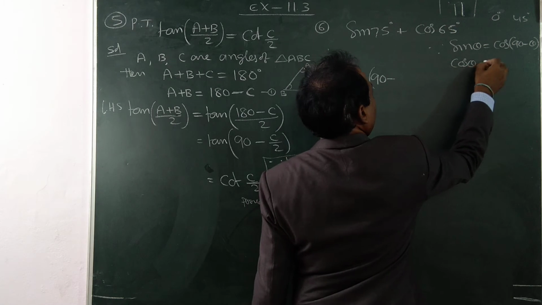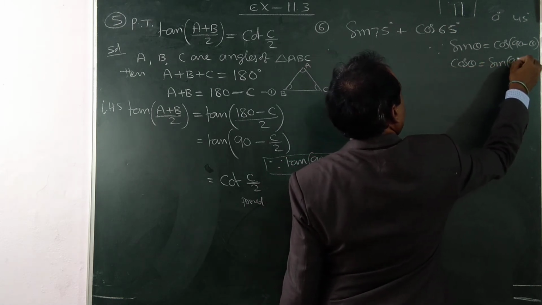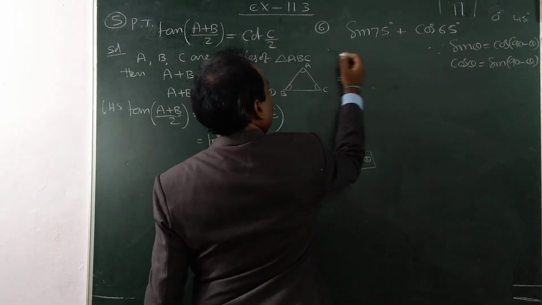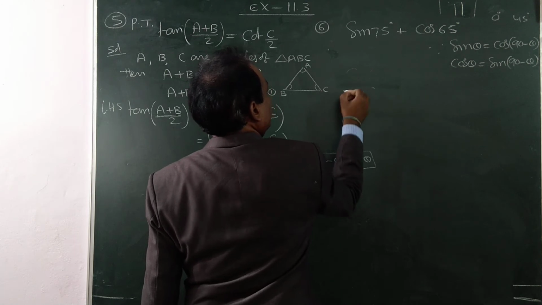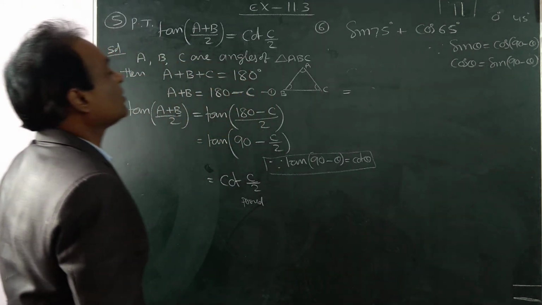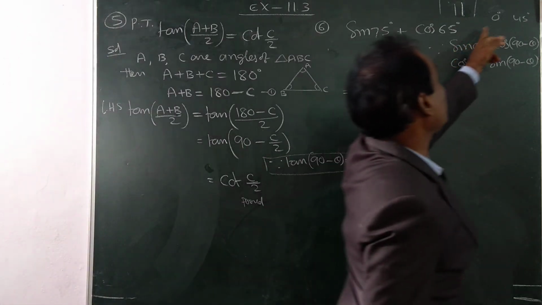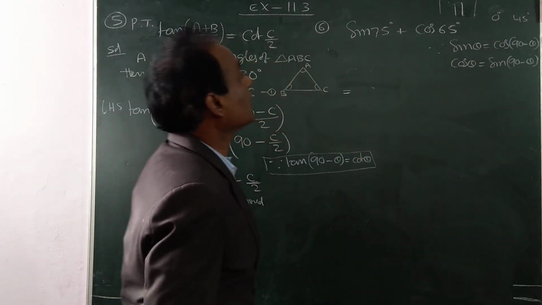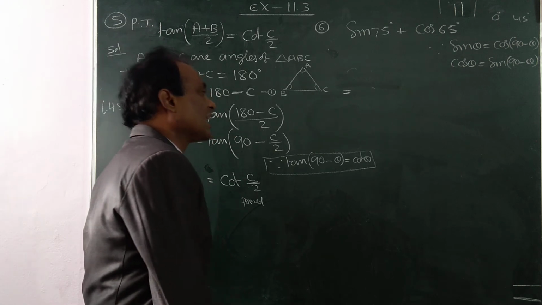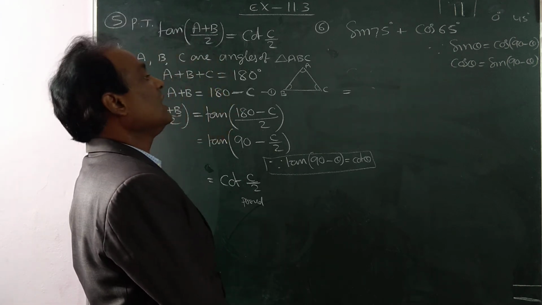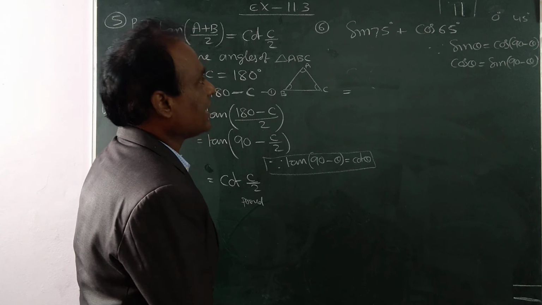Cos theta is equal to sin 90 minus theta. If you use this complementary angles concept, then simply we can change the angles to between 0 and 45. Sin theta can be written as cos 90 minus theta. Cos theta can be written as sin 90 minus theta.